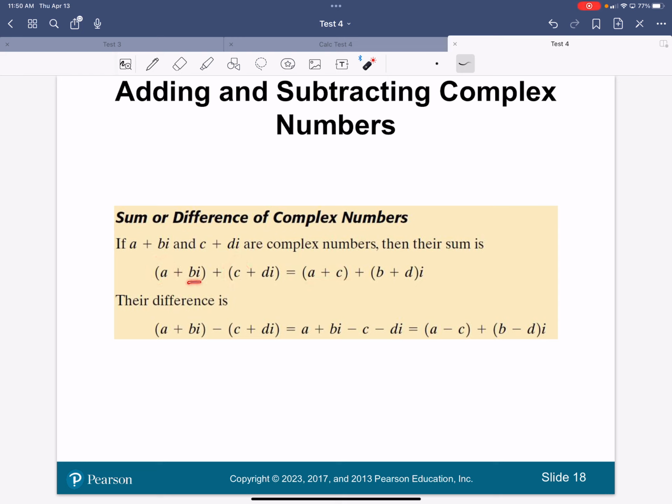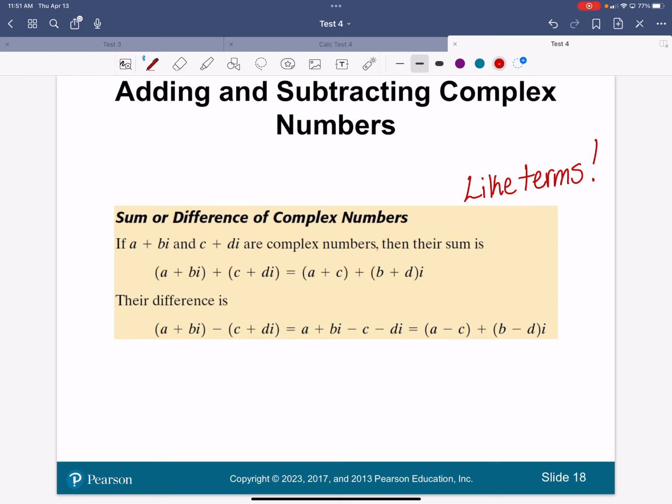And then I'm going to have my bi and di. I'm just going to add those together and keep the i. Okay, so just think about it the same way that you think about like terms when you're adding and subtracting. Multiplying will look a little different, but adding and subtracting, we're going to treat it the same way. Okay? So we are adding and subtracting like terms.